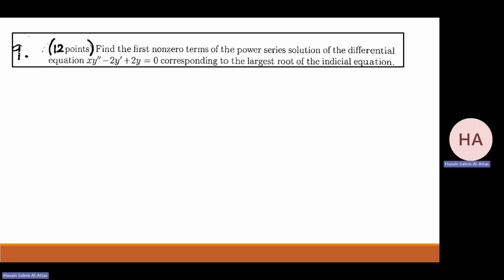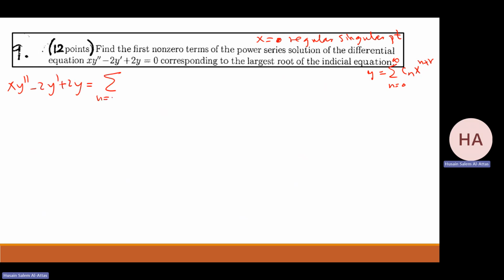Okay, find the first non-zero terms of the series solution to the differential equation with respect to the largest root. Okay, I want to solve it, so let me do it. I have x equals 0, which is a regular singular point, very clear. So my solution is summation c_n x to the power n plus r, n from 0 to infinity. Now, just to save space, let me start from here.